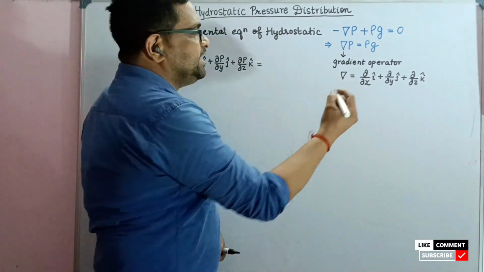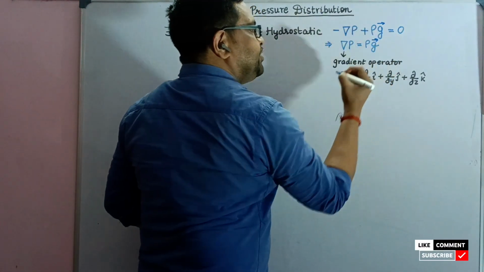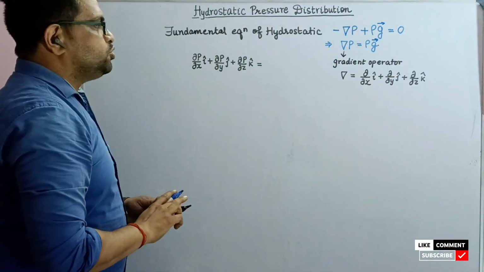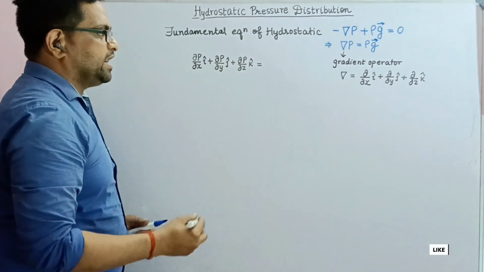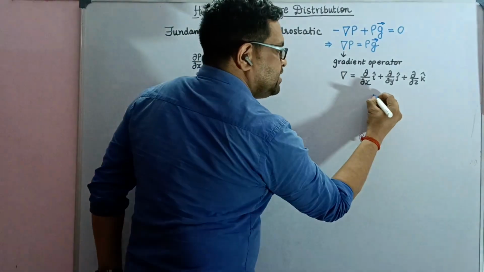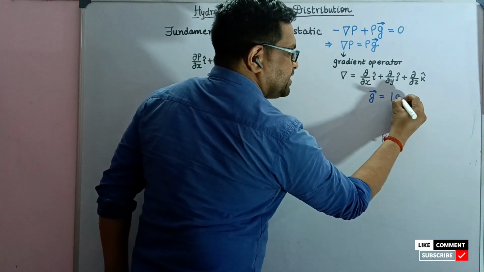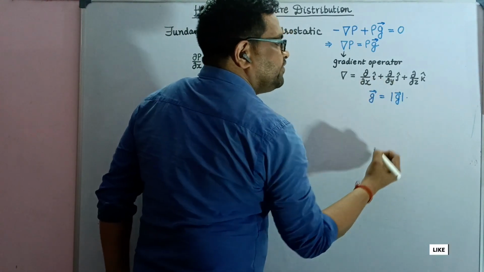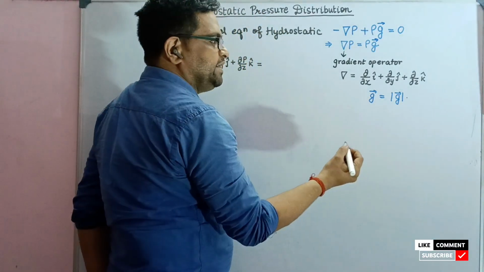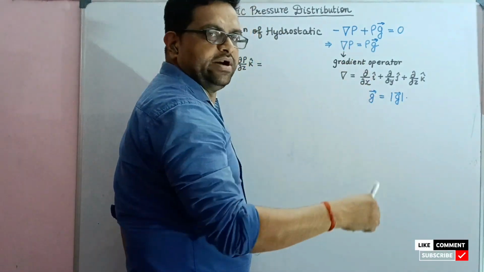now because here g is the acceleration due to gravity vector, and since g is a vector, any vector can be written as the magnitude of the vector times the unit vector along which the vector is acting, which in this case is the downward direction.